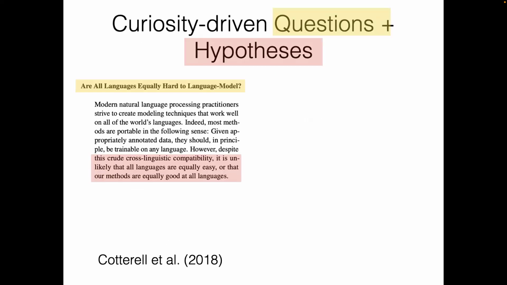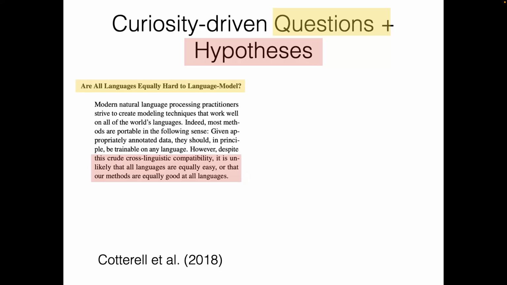Okay, so here's the example we were talking about before. Here they had this question: are all languages equally hard to language model? Ultimately, you can't just keep this as a question. You have to take some position or some hypothesis.